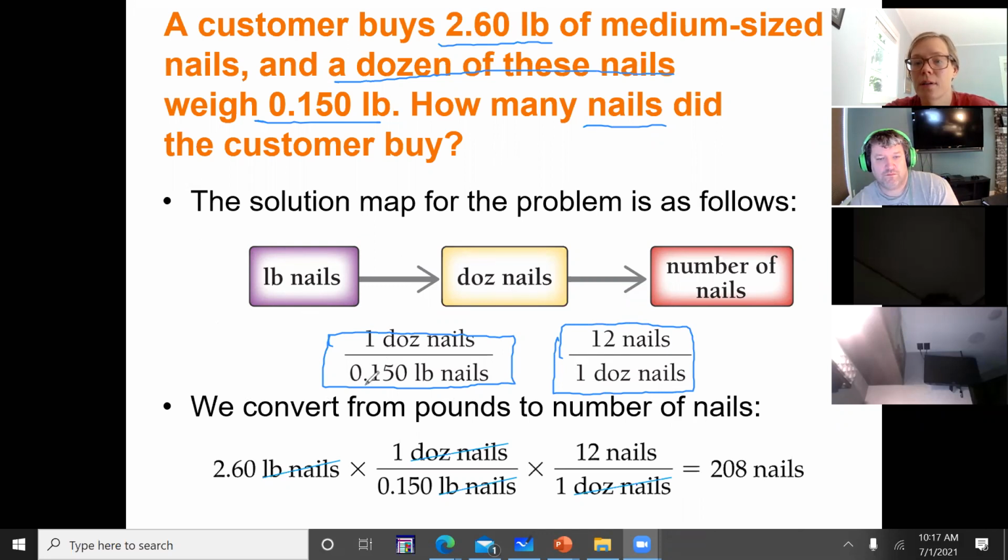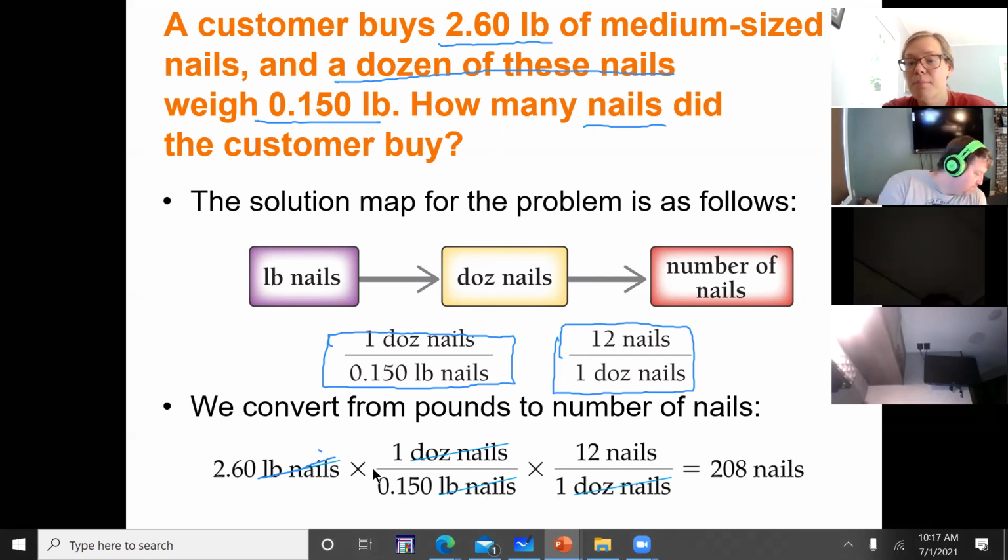We know for every 0.15 pounds, we get a dozen nails. We set that up here and the pounds of nails will cancel. Then we use the second relationship that says for every 12 nails, we get a dozen. So we put the dozen on the bottom because we want them to cancel. This is dimensional analysis like we've done earlier in class with conversion factors. We want the units to cancel and we end up with 208 nails.